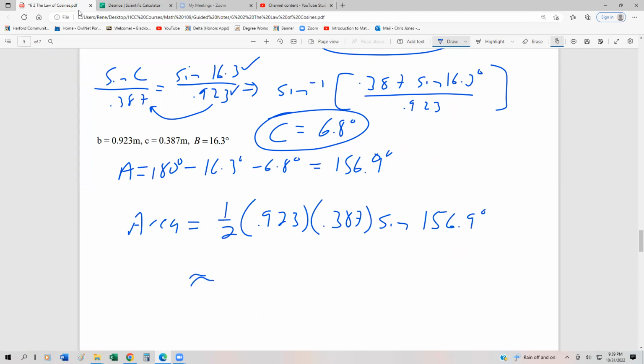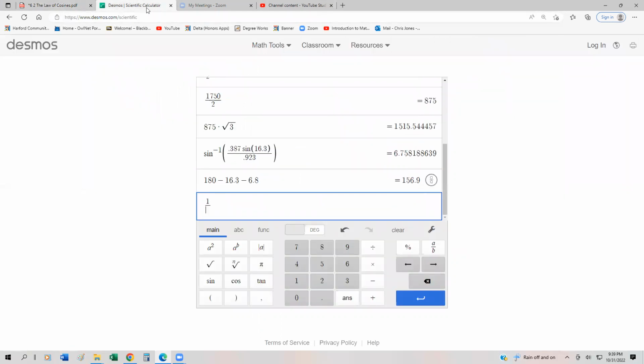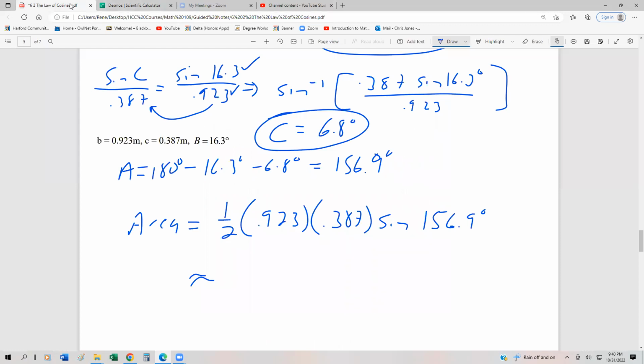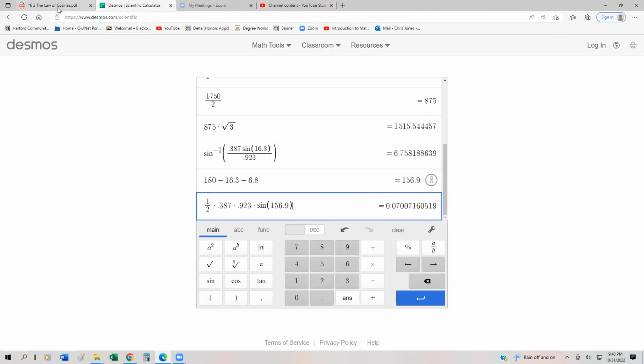Let's put that all in our calculator: 1/2 times 0.387 times 0.923 times the sine of 156.9, and the area would be 0.070. So we'll just say 0.07 meters squared.